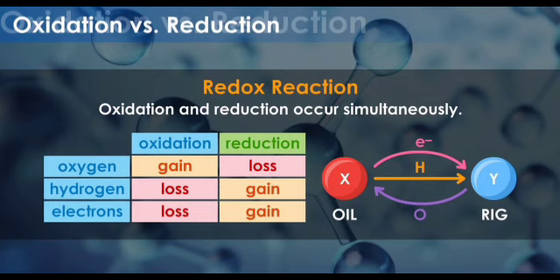So you are given an equation there. You have to balance the redox reaction between zinc and trioxonitrate 5. So you see the equation there, Zn plus NO3 minus yields Zn 2 plus and NO2.